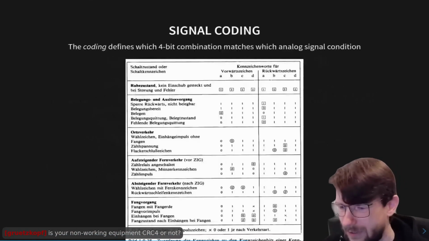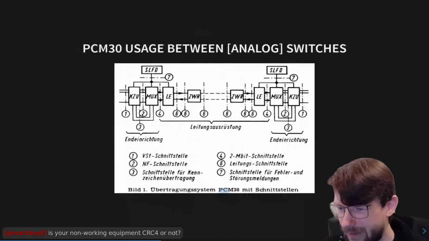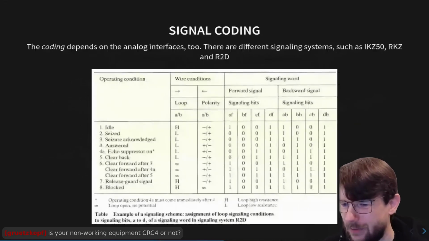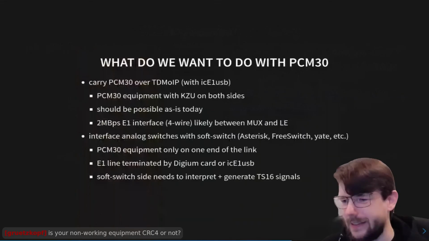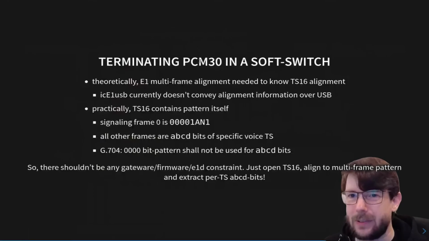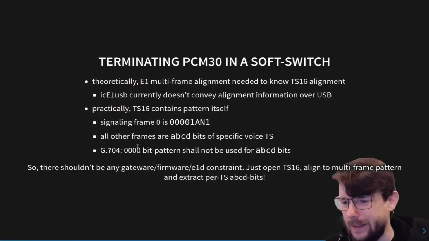And then all other frames in ABCD bits should not use 0 0 0 0. I think I didn't include that screenshot, but ITU-T G.704 states that an all 0 bit pattern should not be used for the ABCD bits. It doesn't say it must not, but it should not. And at least in those tables that we've seen, we have concluded that it's not the case.